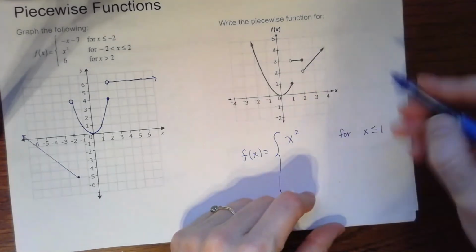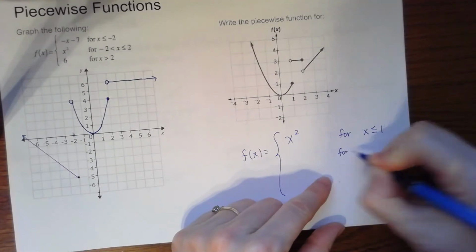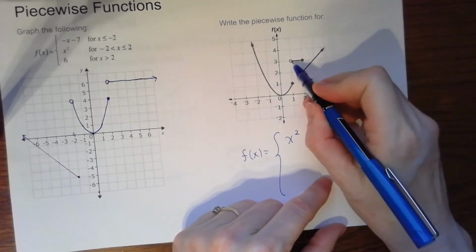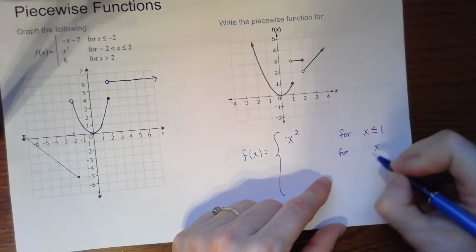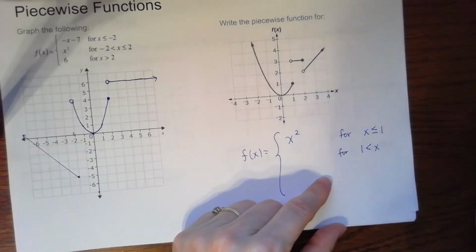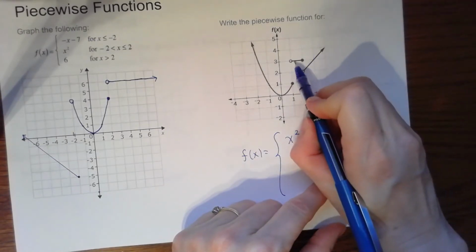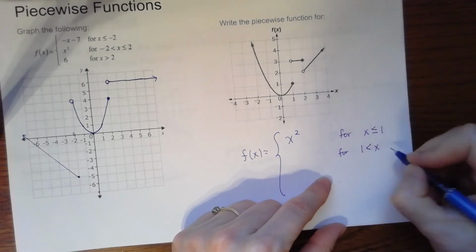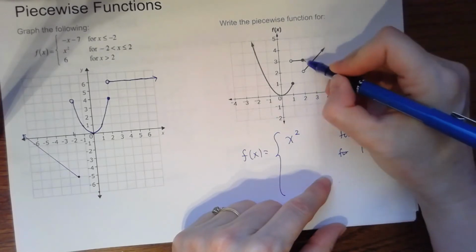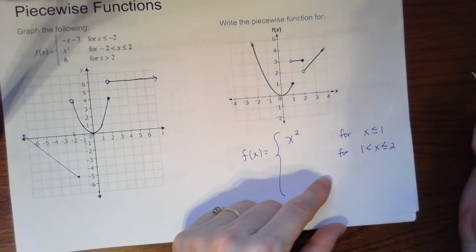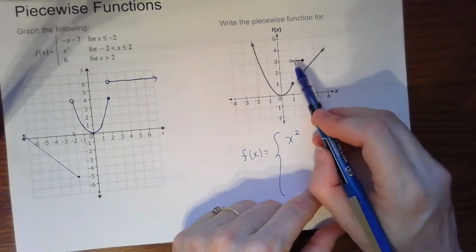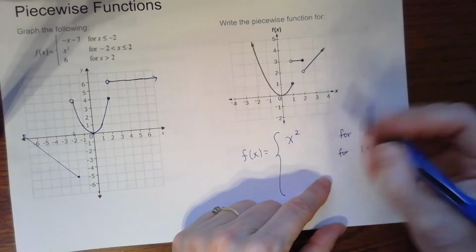Now we don't want to include 1 here because that's open, so it has to be strictly bigger than 1, and it goes all the way up to 2, but it includes 2 because there's a closed circle there. For any of those values in that range, it's always 3.